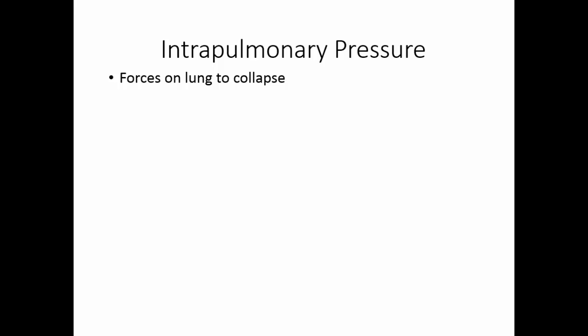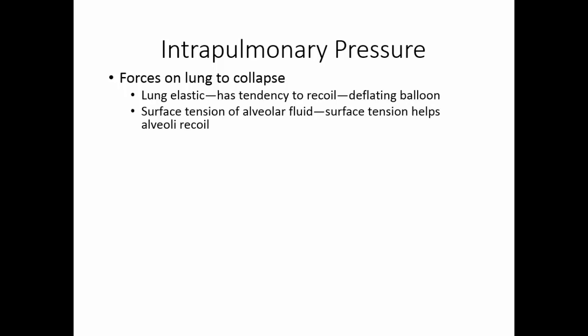There are forces on the lungs that tend to cause them to collapse. The lungs are very elastic, so once they have been blown up, they have a tendency to recoil, much like a deflating balloon. The alveolar fluid of the alveoli has surface tension. Surface tension is that attraction the molecules of the fluid have for each other. Because alveolar fluid is primarily water and it has a high surface tension, this tends to cause the alveoli to collapse.